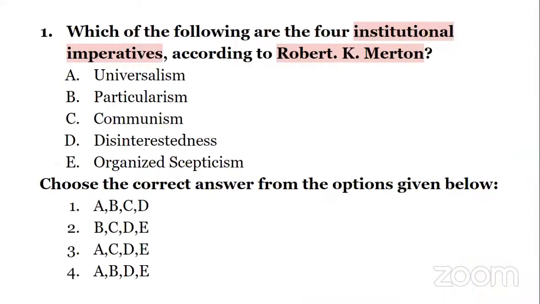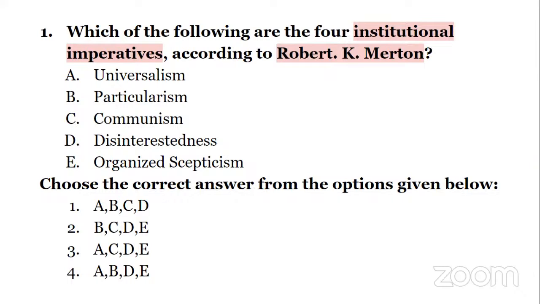Question 1. Which of the following are the four institutional imperatives according to Robert K. Merton? You have studied about institutional imperatives proposed by R.K. Merton. Here we have five options, and one is not a part of the institutional imperatives proposed by Merton.